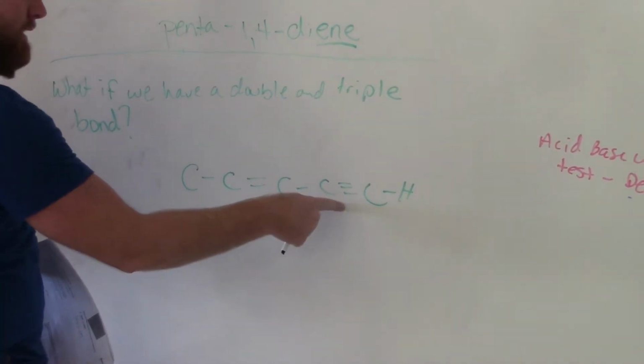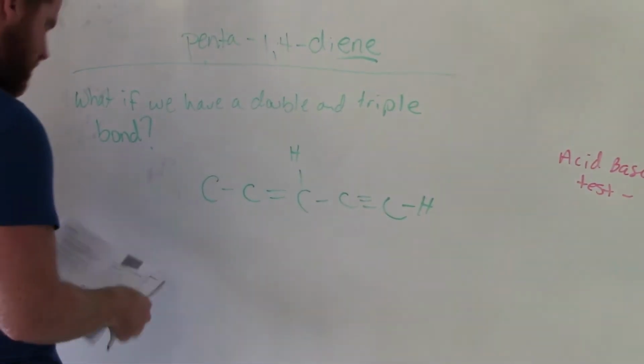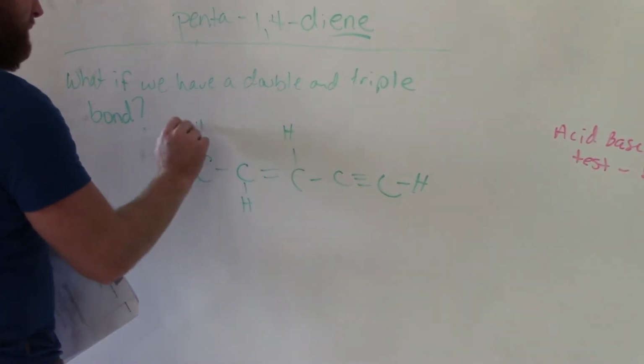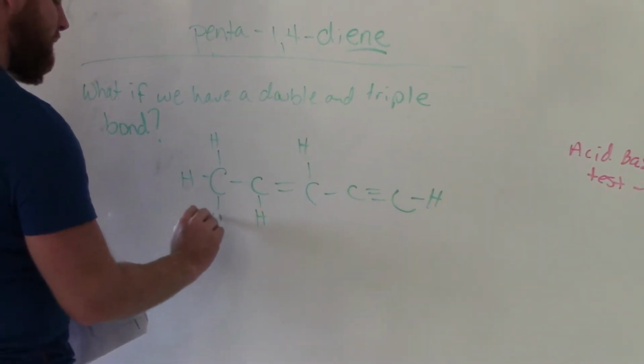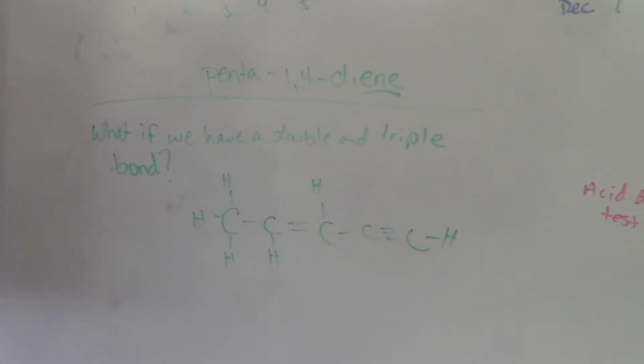There's 4 bonds attached to this one. There's 3 bonds attached to this, so a hydrogen has to go here, and a hydrogen has to go here, and a hydrogen has to go here. All these spots, because all the carbons need to be bonded with something.